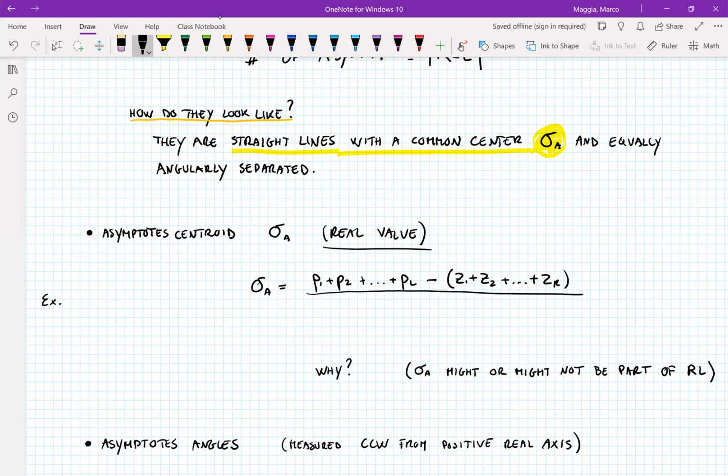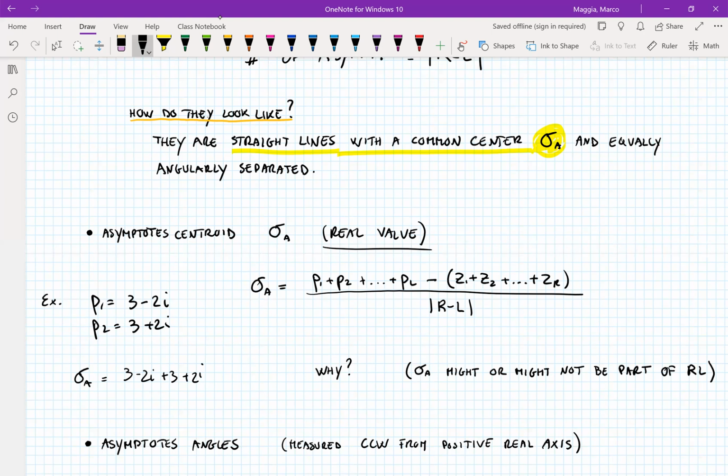And we divide this by the magnitude, or absolute value, of R minus L. A quick example: if we had P1 equal to 3 minus 2i and P2 equal to 3 plus 2i, and let's say we don't have any zeros, then sigma A is equal to 3 minus 2i plus 3 plus 2i.